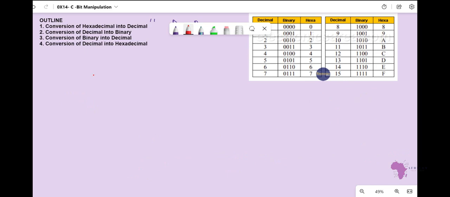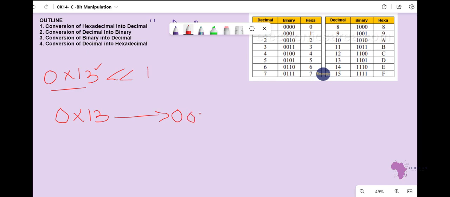Yes, let's get back and say that we have been given 0x13, and we have been told to shift 1 step. So first of all, we need to find the binary of this. We first calculate decimal, then decimal into binary. So the binary value for 0x13 will be 0, 0, 0, 0 like this.